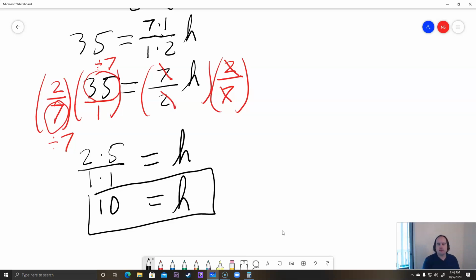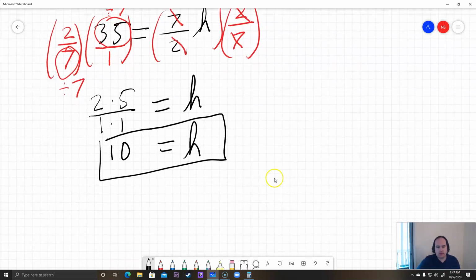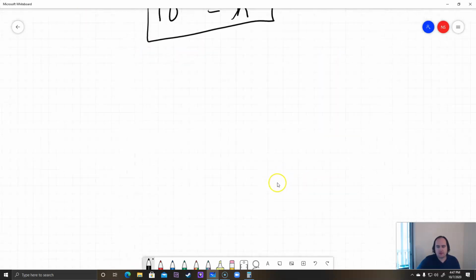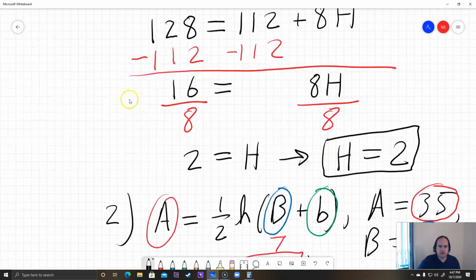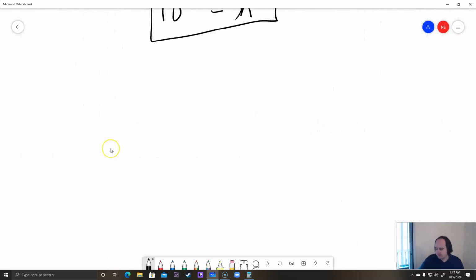All right. So I did want to do one more problem that actually involves a special letter called pi. Most of you have probably heard of pi before, but we are going to be using it because it does show up in formulas. So this is going to be example number 3.